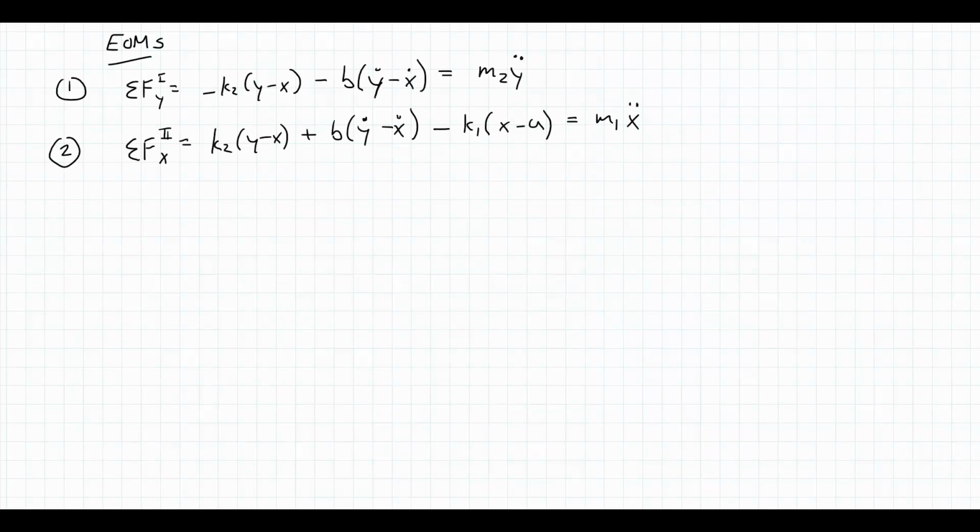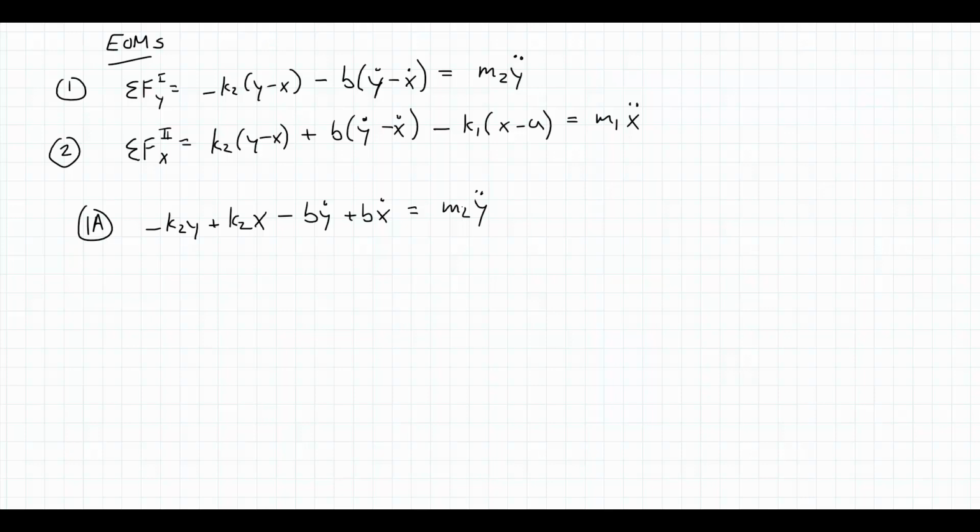Now I'll work on these equations of motion a little bit. I'll start with 1 and go to 1a. Here I will distribute my parameters. So negative k2y plus k2x minus b y dot plus b x dot equals m2 y double dot.